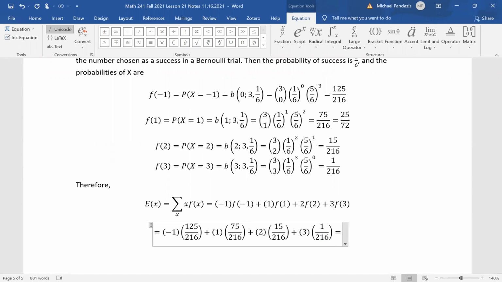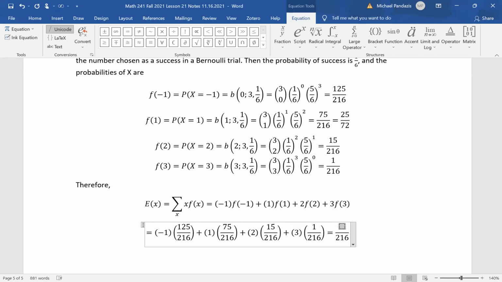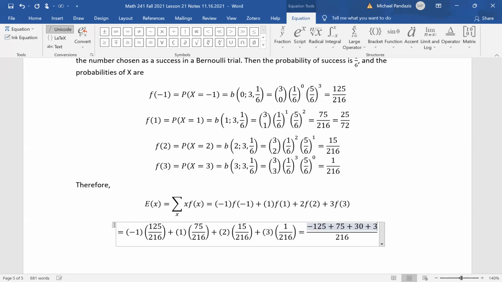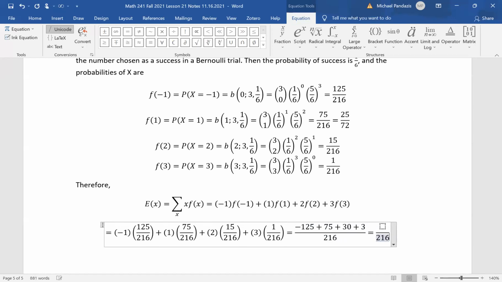Everything has a denominator of 216. You have -125 plus 75 plus 30 plus 3, that sum divided by 216. So the numerator is -17.